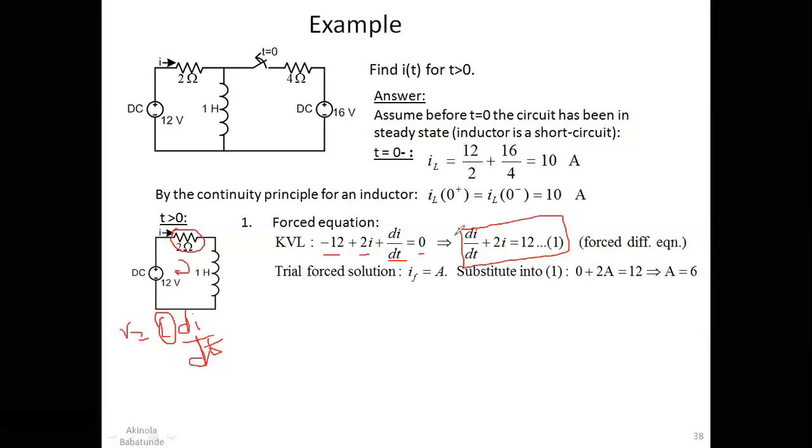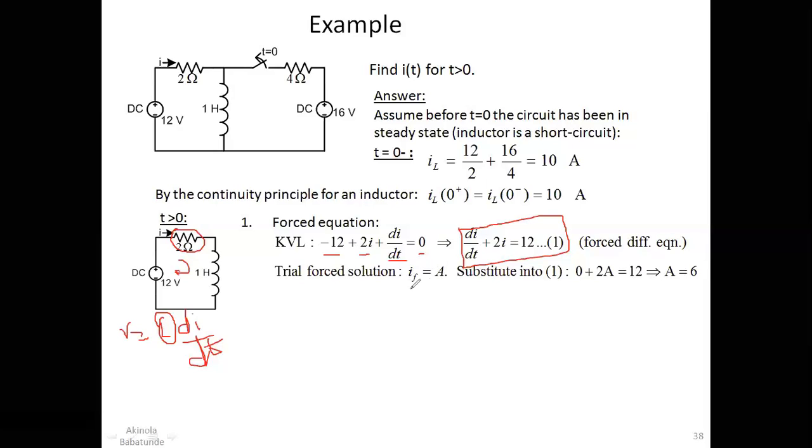Again, what you want to do is to find the forced response first. After that, you find the natural response, and then you add both together to get the entire response of the circuit. So right now we want to find the forced response.